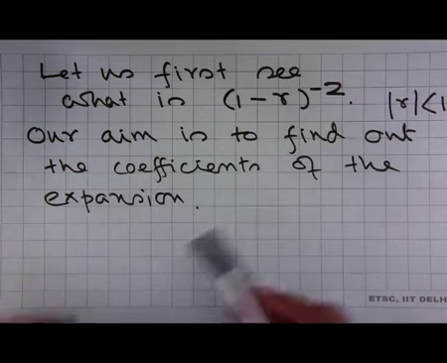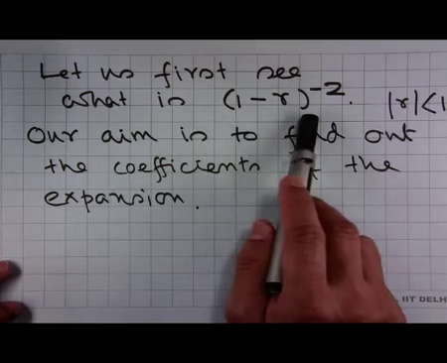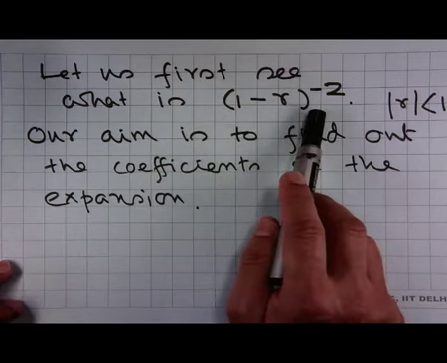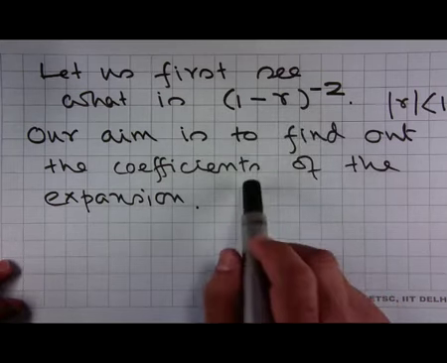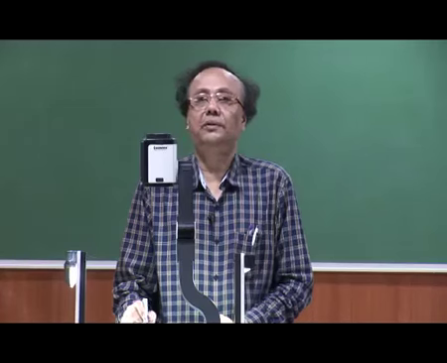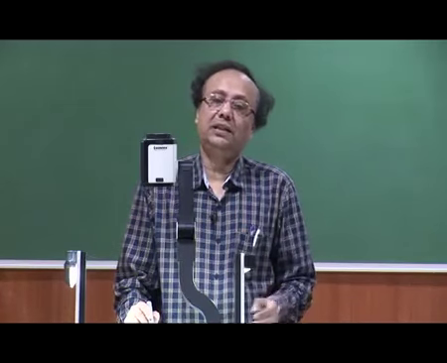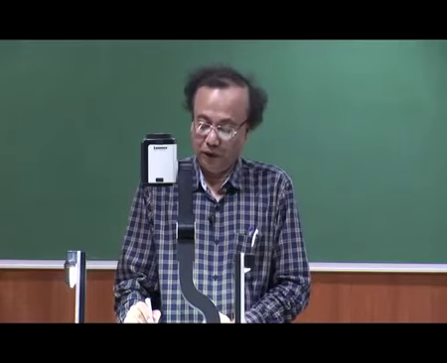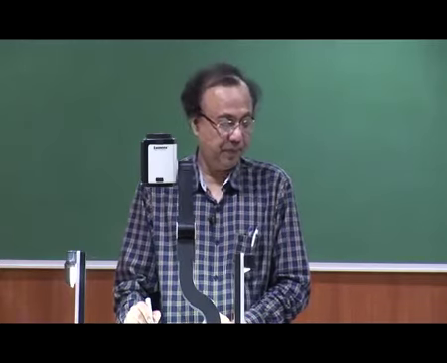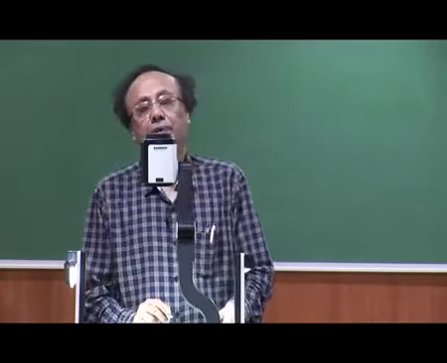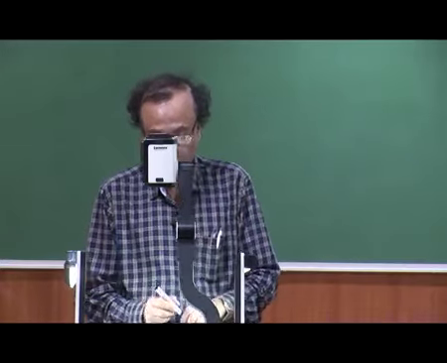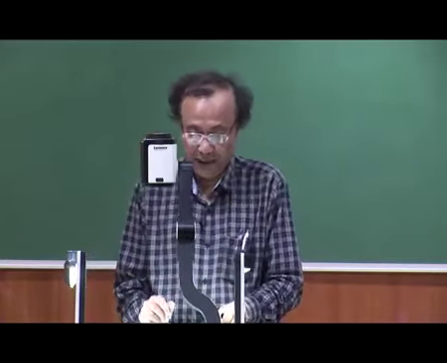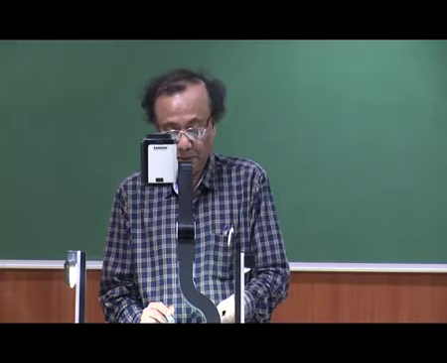If this is finite, then what will happen? Then after certain n, the corresponding coefficients will become 0. So, let us target to find out the coefficients of (1 minus r) whole to the power minus 2.